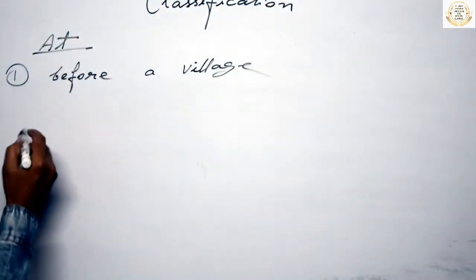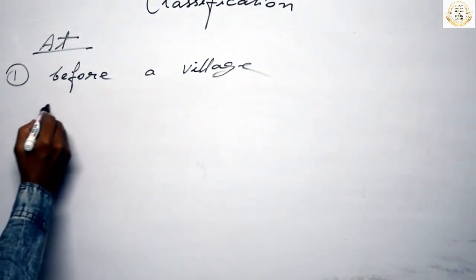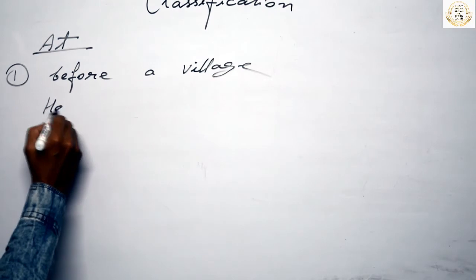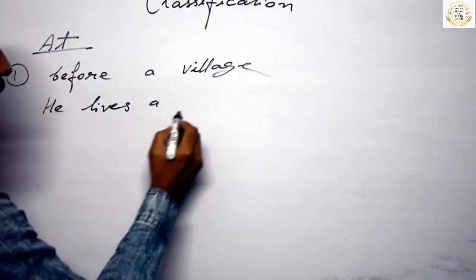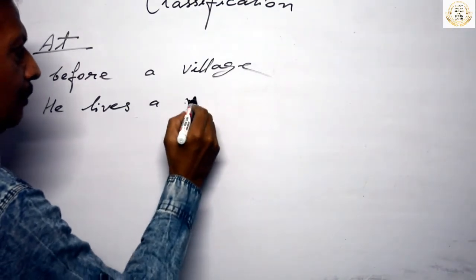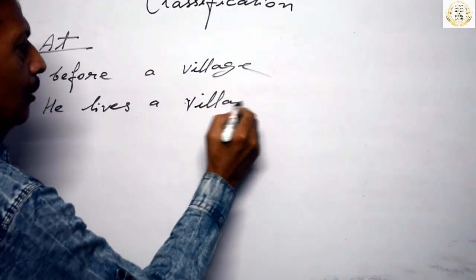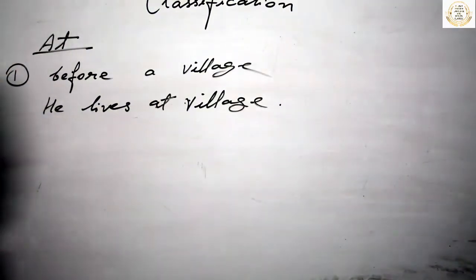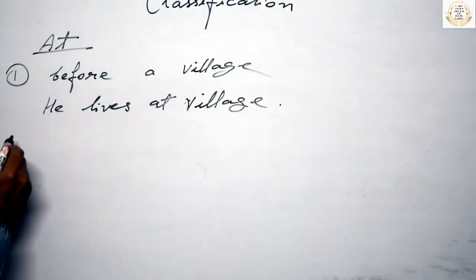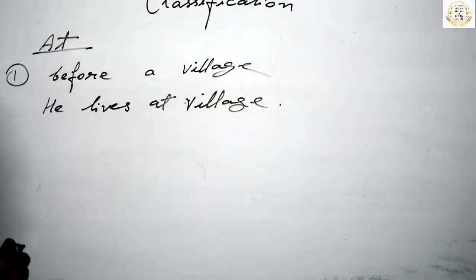Example: He lives at village. Because it is a village, the preposition at will be used here. Maybe you write the name of a village.